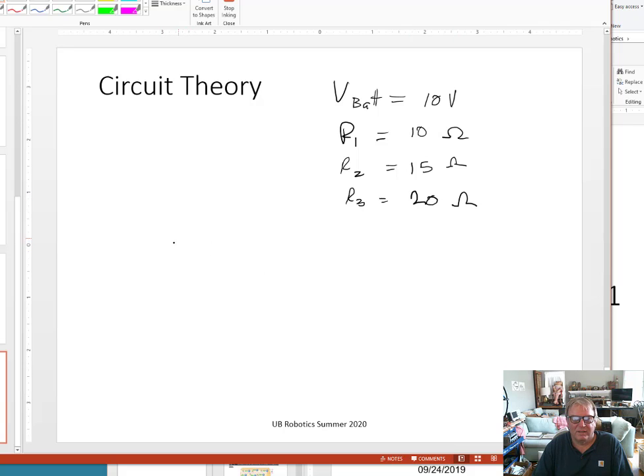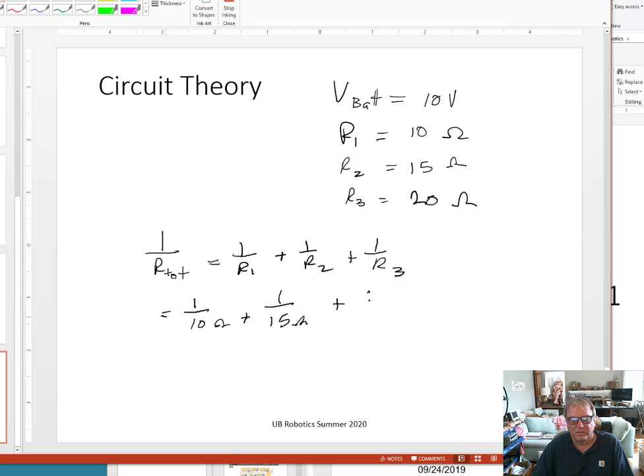So that means then for our total, 1 over R total equals 1 over R1 plus 1 over R2 plus 1 over R3. And so that equals 1 over 10 ohms plus 1 over 15 ohms plus 1 over 20 ohms.